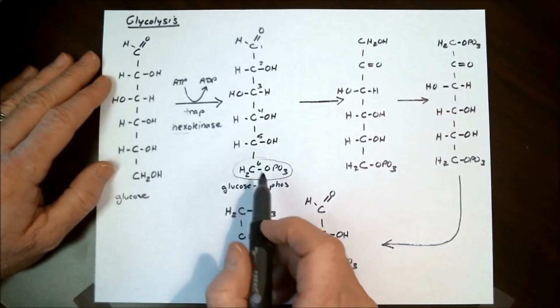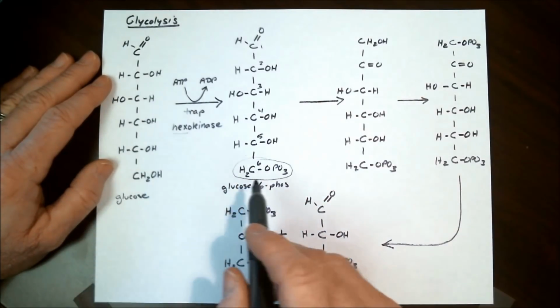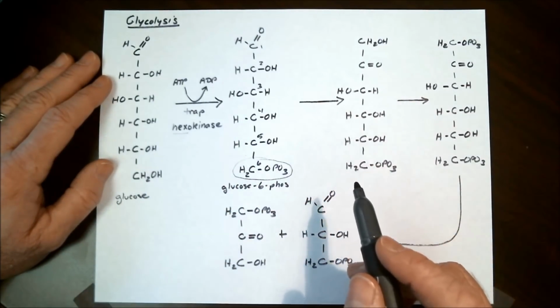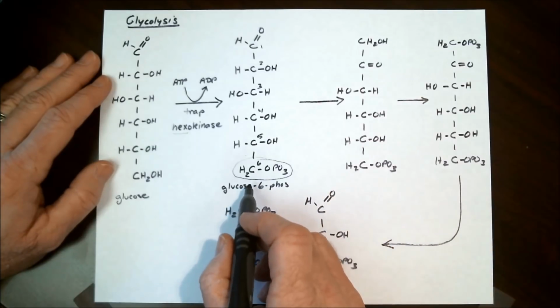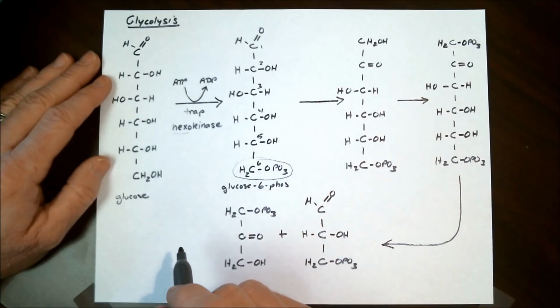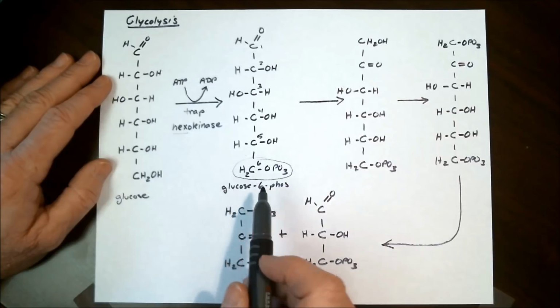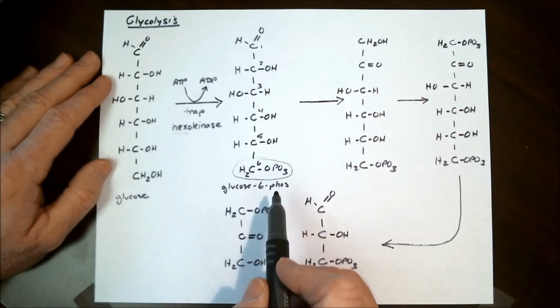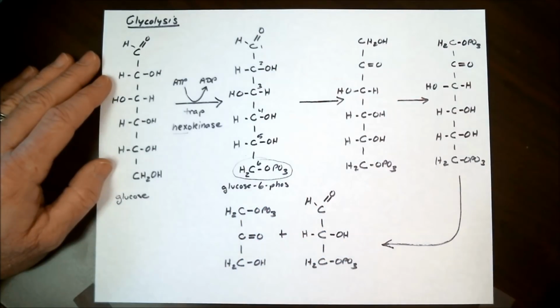So this reaction essentially prepares glucose for the subsequent reactions in glycolysis and primarily traps glucose inside the cell. It traps it because glucose 6-phosphate is no longer technically glucose, and so the GLUT1 transporter will not recognize this as a substrate, and therefore it will not transport it out of the cell, giving it a one-way reaction.